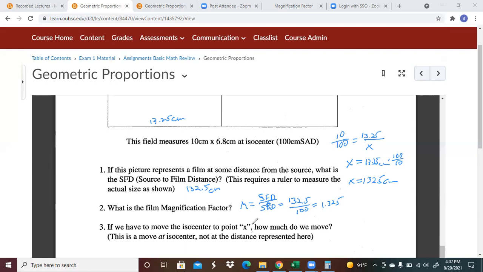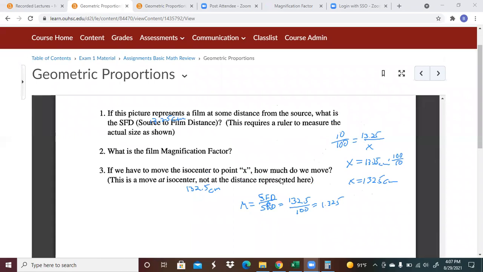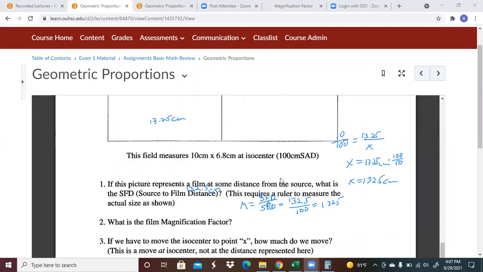If we have to move the isocenter to point X, how much do we have to move? The question here, if we have to move it over here, again, that involves a measurement. That thing's just bouncing around all over.